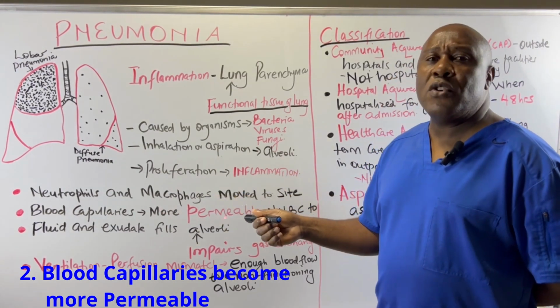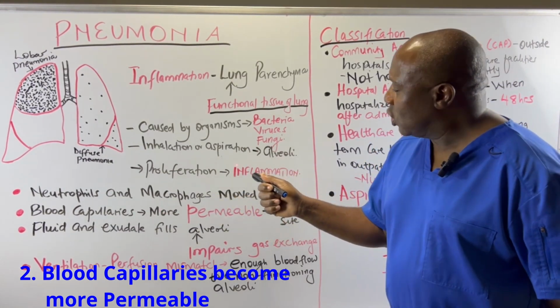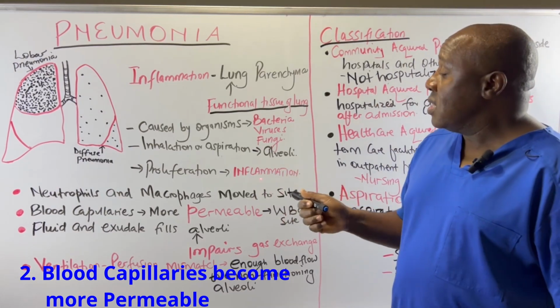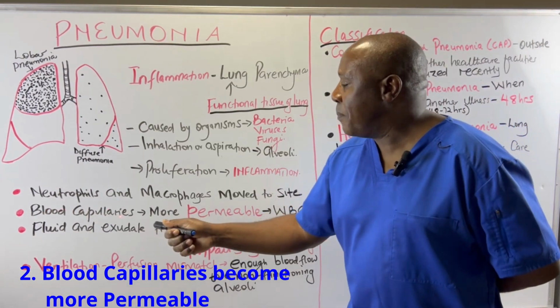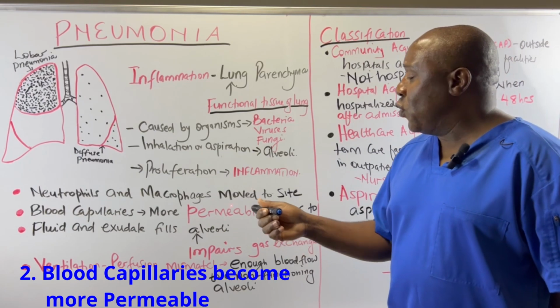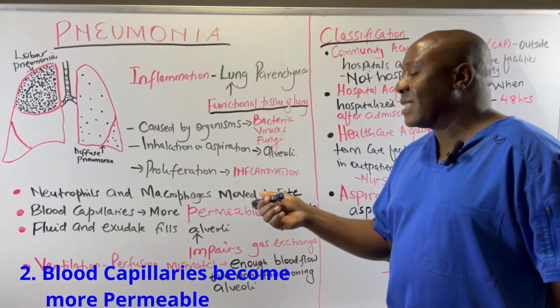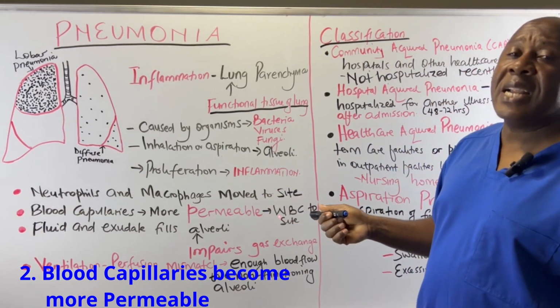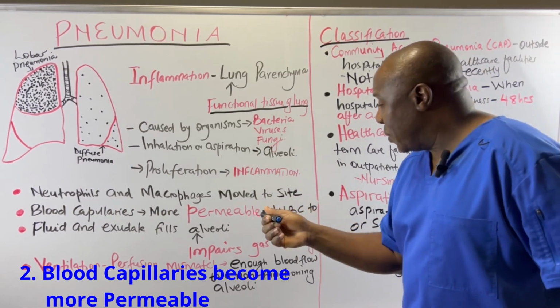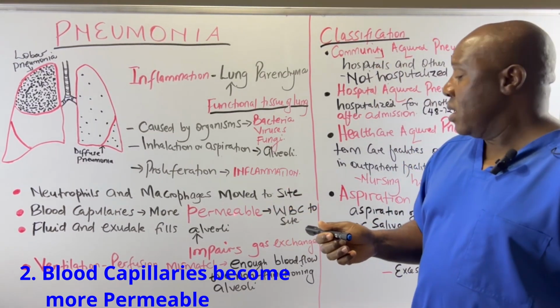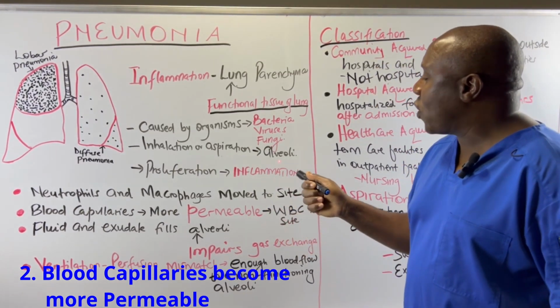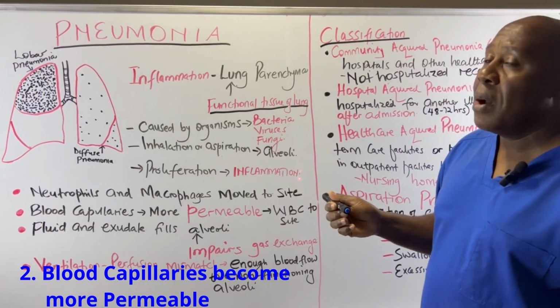Even though this is an immune response which is meant to eliminate these pathogens, the problem is that when blood capillaries become more permeable, fluid or blood starts leaking into that particular alveoli. So there is blood now flowing into the alveoli, bringing the white blood cells to try and eliminate this particular microorganism.